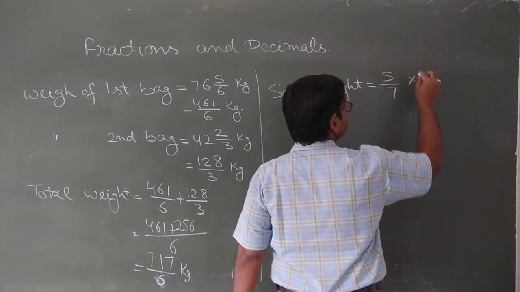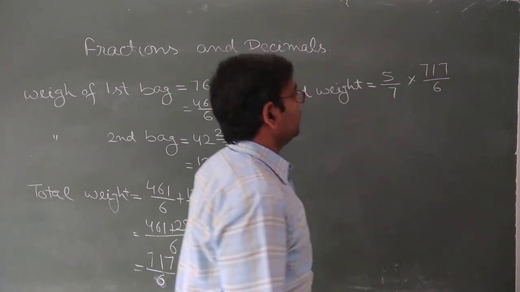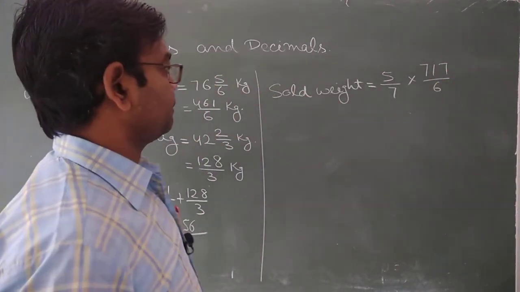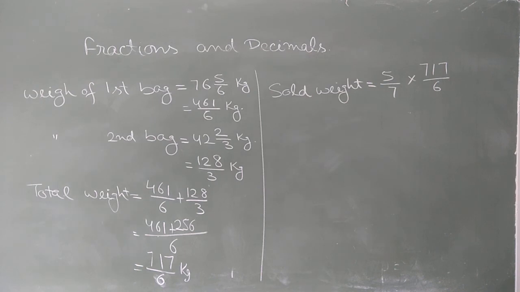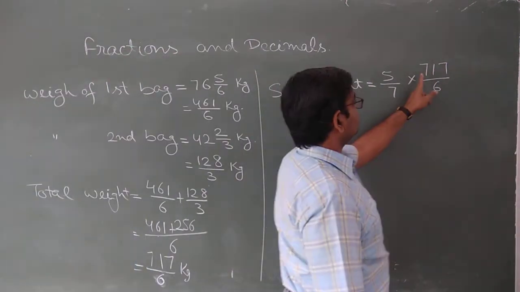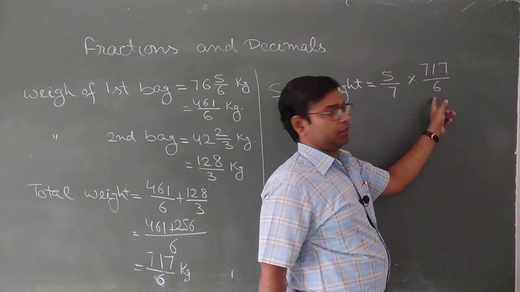It's 717 divided by 6. See? Okay, first we simplify this one. See, this is divisible by 3 and this is also divisible by 3.